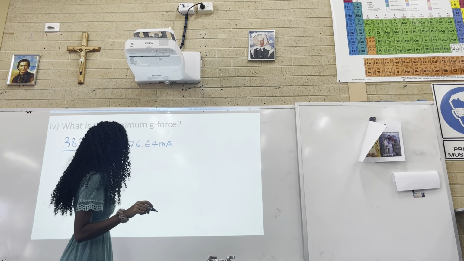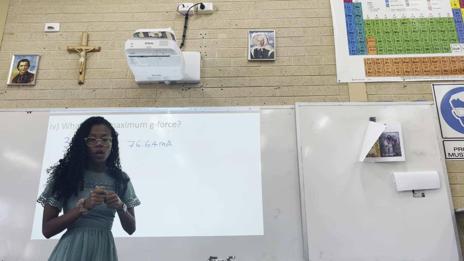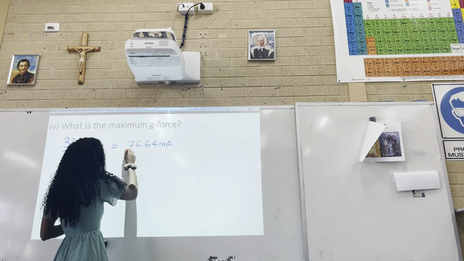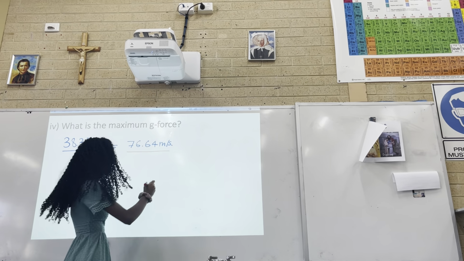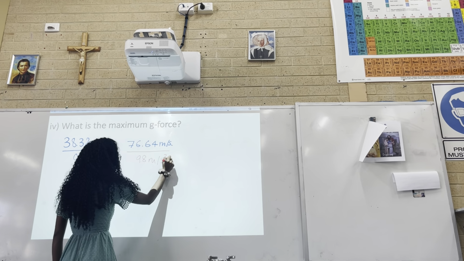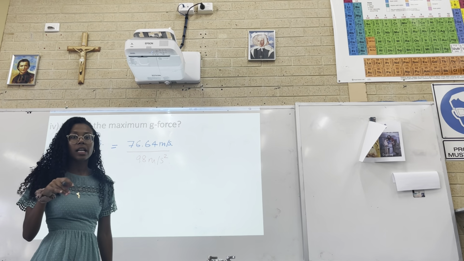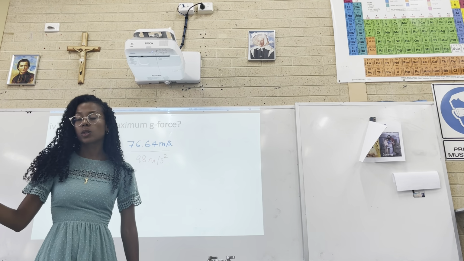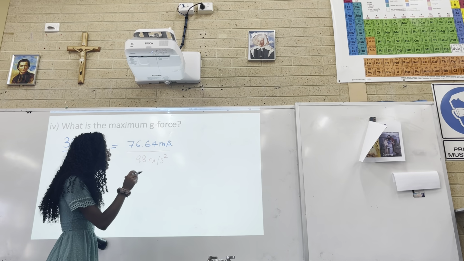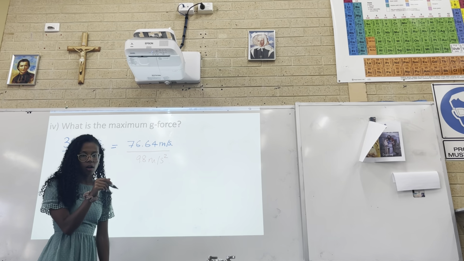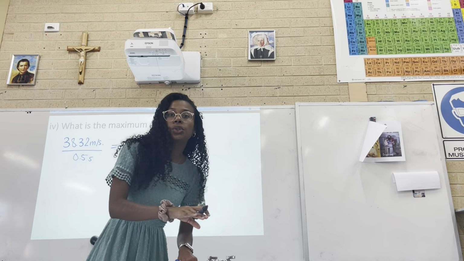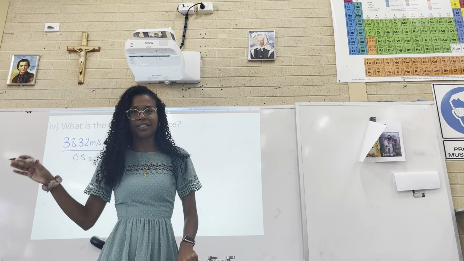Now with this number, we're going to divide it by 9.8 meters per second squared, because that is the acceleration due to gravity. We're looking at the force acting on the object due to the acceleration of gravity.